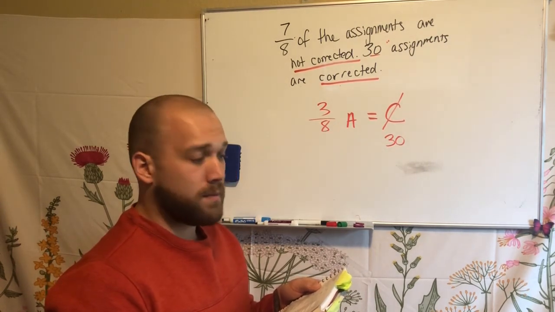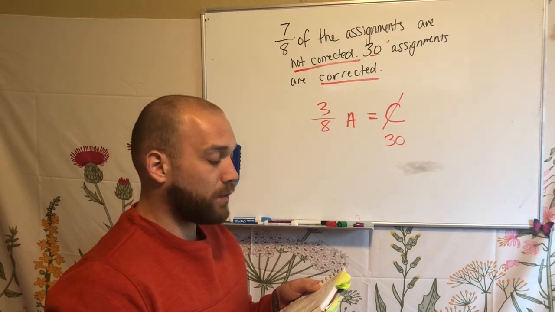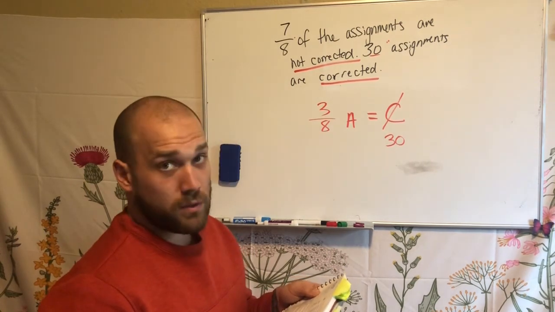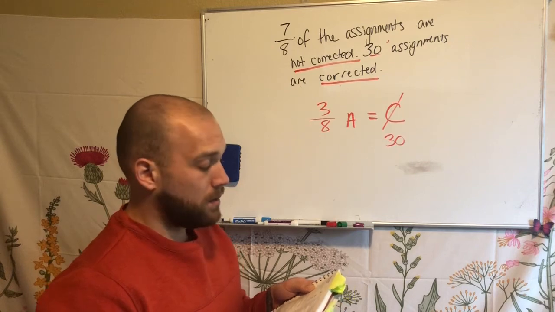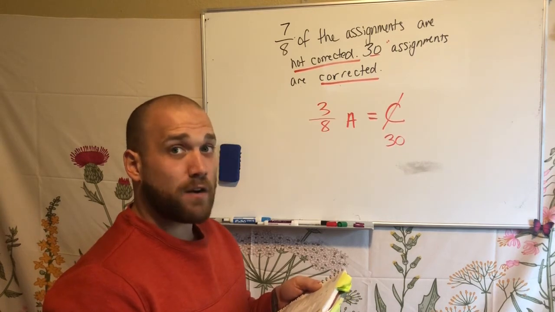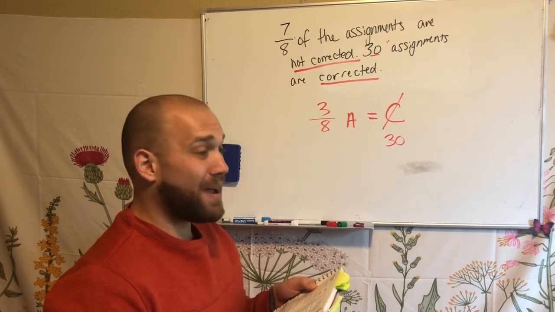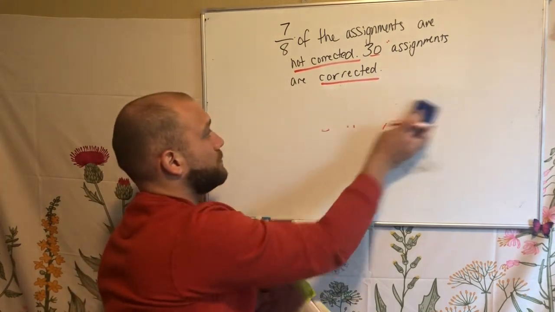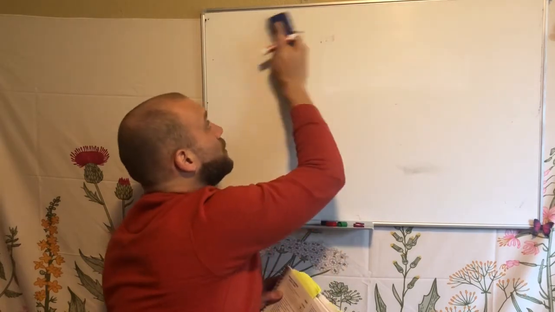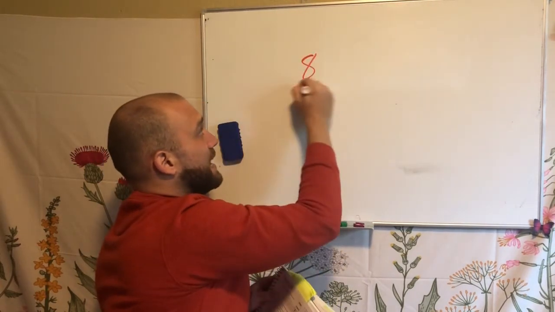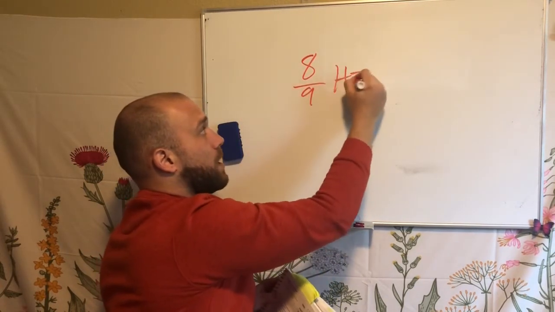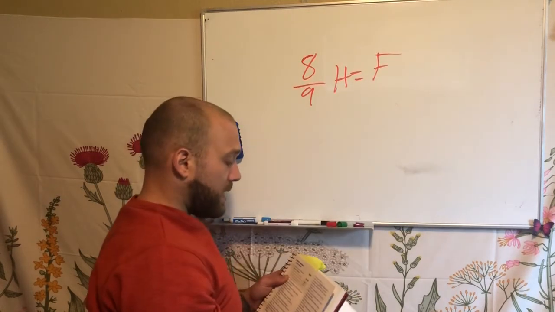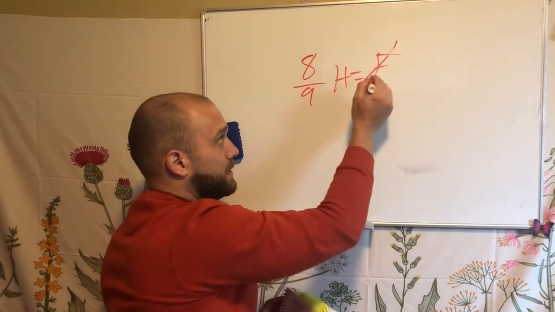So how many would be female? Well, we have 9 over 9 is all the horses. One of those is not male. So that means 8 out of 9 are female. So we know 8 out of 9 horses are female, because we know the quantity of female horses, which is what? 72.